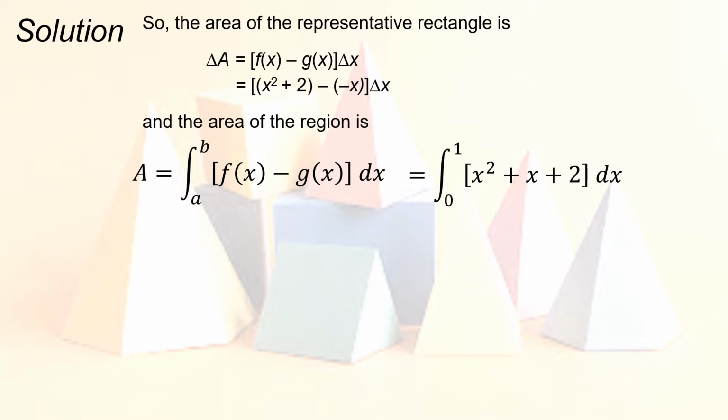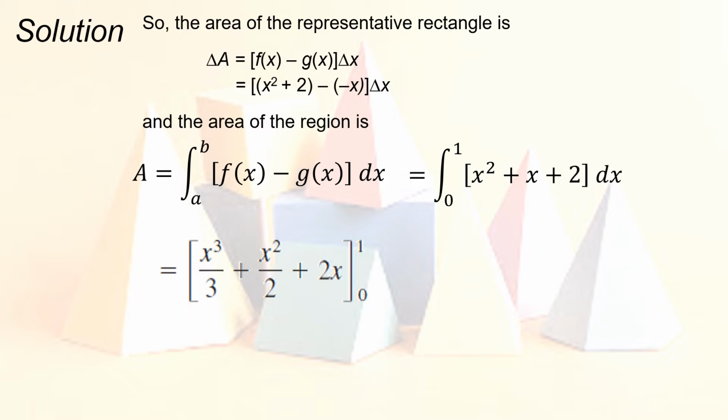So to find the area, it is equal to the integral of x squared plus x plus 2 dx from 0 to 1. So first, we are going to integrate x squared plus x plus 2, which is equal to x to the third over 3 plus x squared over 2 plus 2x from 0 to 1.